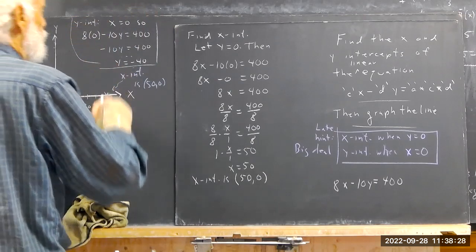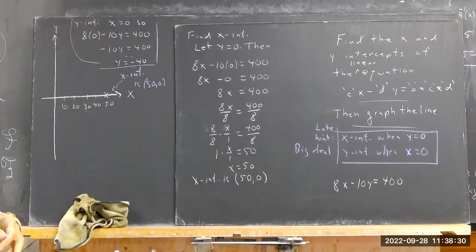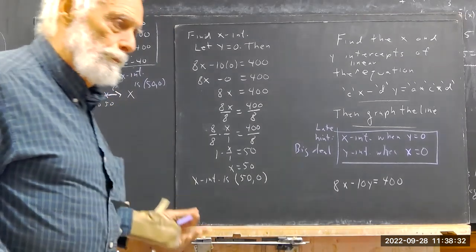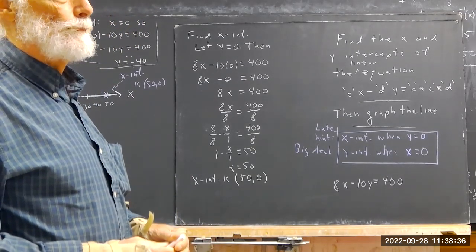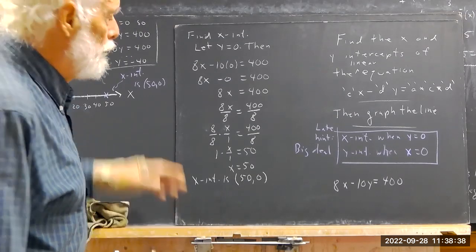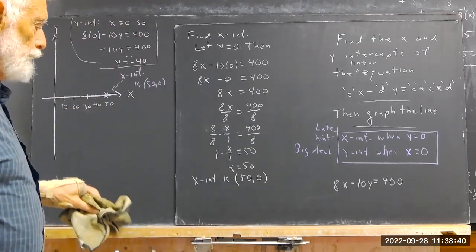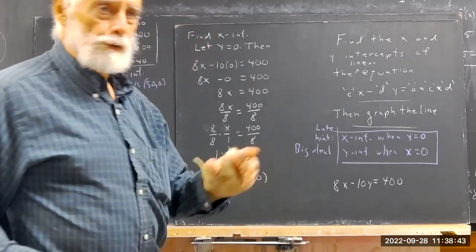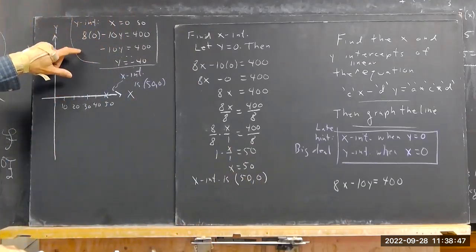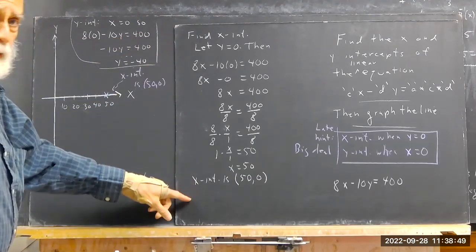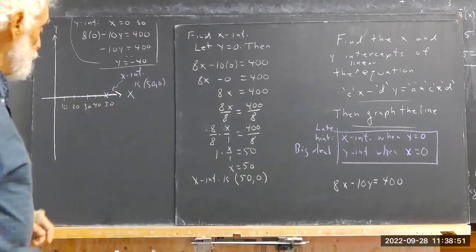And I didn't go through all the details of solving this equation, but you need to review solving linear equations and make sure you understand the logic of every step, okay? Explain the logic here, it's very similar here.